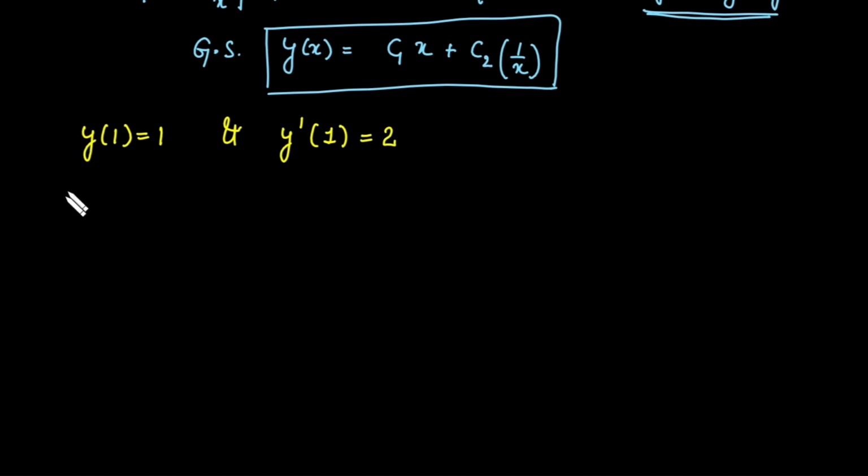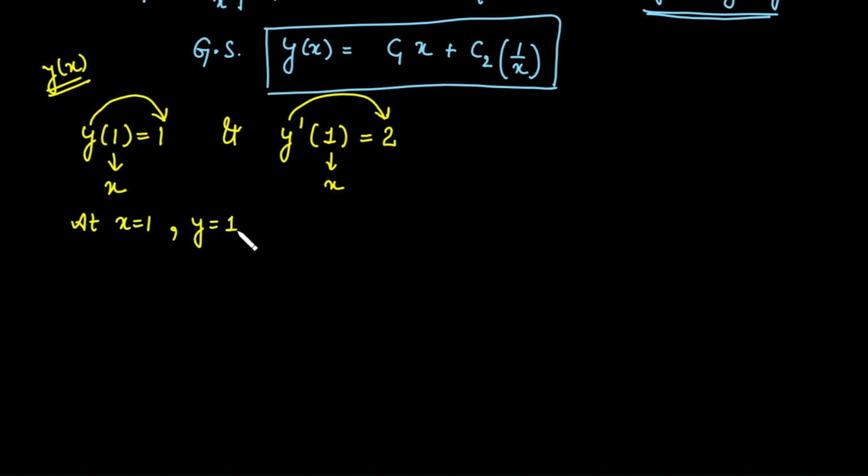So now we have two conditions, y(1) is equal to 1 and y prime (1) is equal to 2. In general, we are writing y as a function of x. So this is the value of x and this is the value of y. Similarly, in this case it is the value of x but this is the value of the derivative. An alternative way to write this is: at x equal to 1, y is equal to 1, and at x equal to 1, the derivative value is equal to 2.